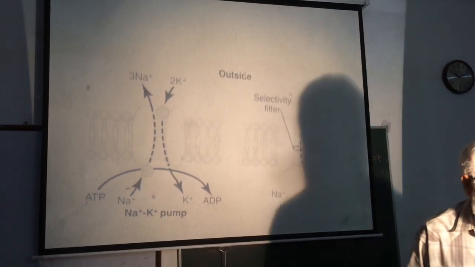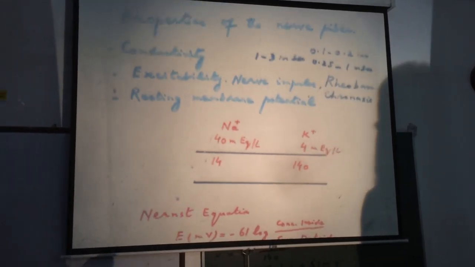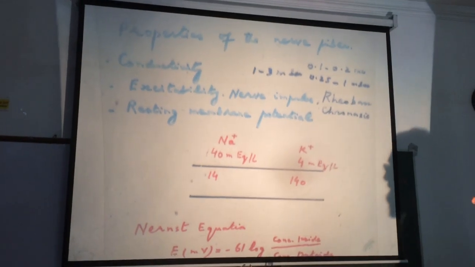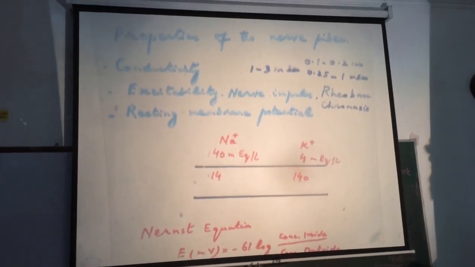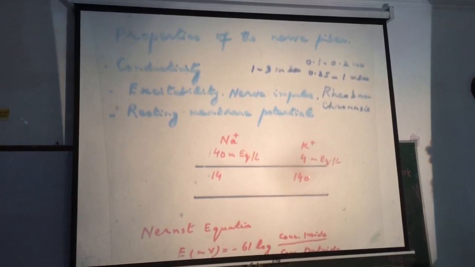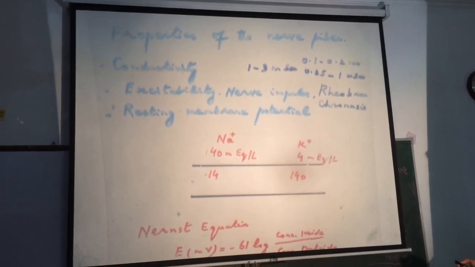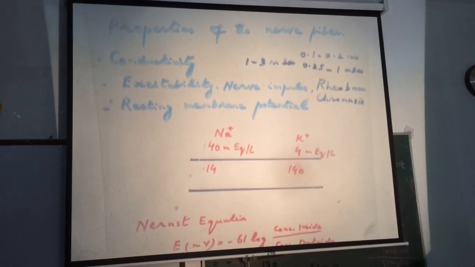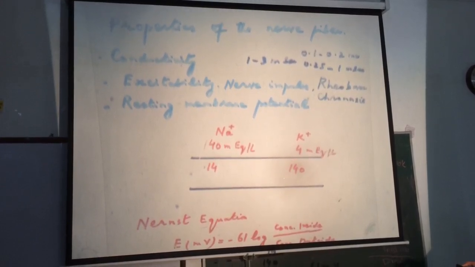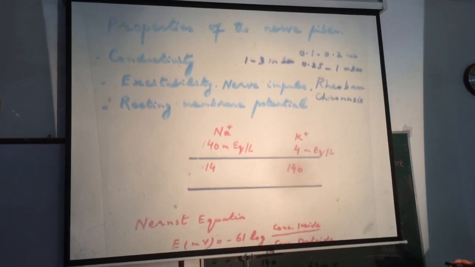I told you last time also that potassium is 35 times greater inside the cell as compared to outside: 140 milliequivalent per liter inside, outside 4 milliequivalent per liter. What about sodium concentration?